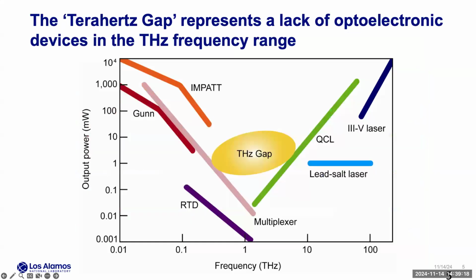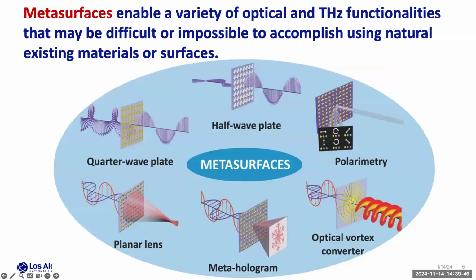So unfortunately, for those who want to use terahertz, there's kind of a gap in terms of both sources, which is shown here. There are good sources at low frequencies, good sources at optical and infrared frequencies, not so good in the terahertz regime, but also for the kinds of devices that you use to manipulate materials, optical and optoelectronic devices, because there aren't a lot of natural materials there.